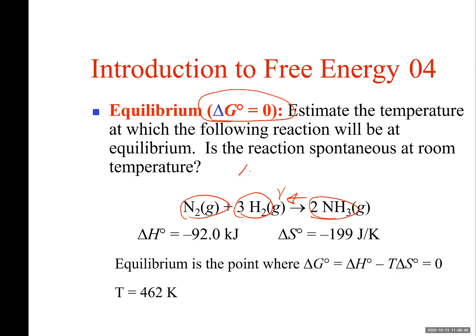Delta G under the standard condition is equal to delta H minus T delta S. That's the formula. If I am saying equilibrium, it means this must be equal to 0, right? That was the requirement. That was our definition for an equilibrium reaction.